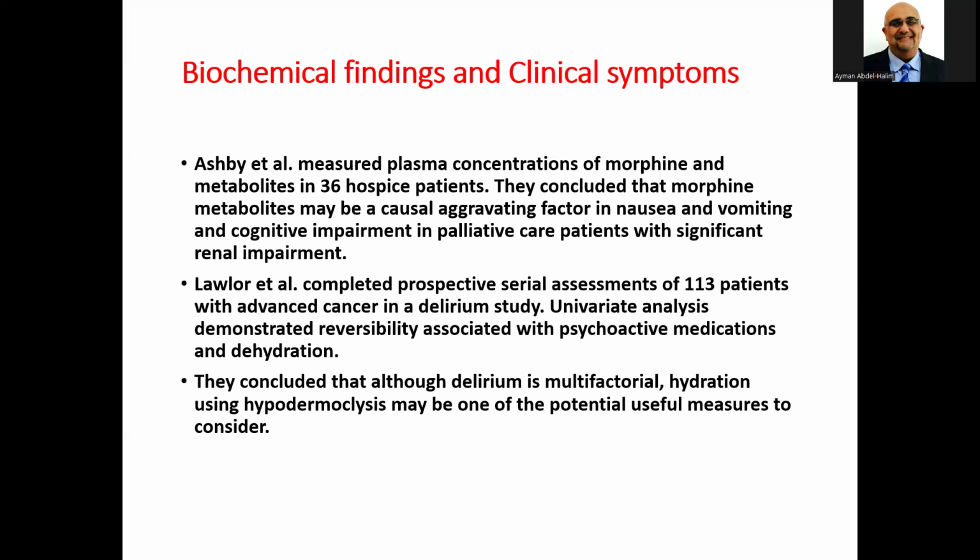Okay, biochemical findings and clinical symptoms. I quoted two articles here, which basically concluded that delirium is multifactorial. Hydration using hypodermoclysis may be one of the potential useful measures to consider.